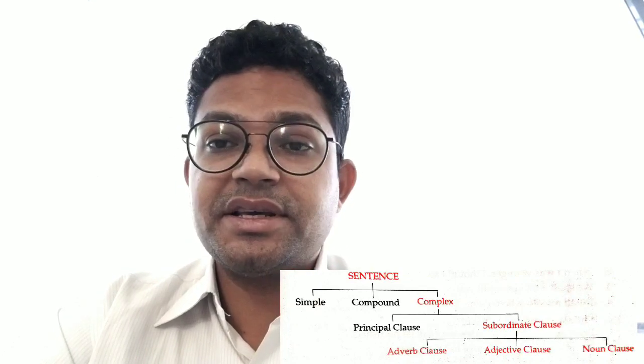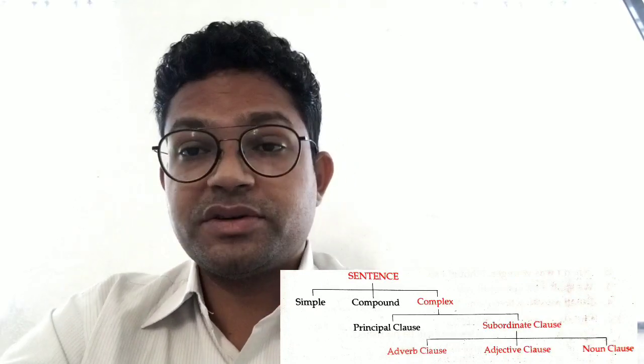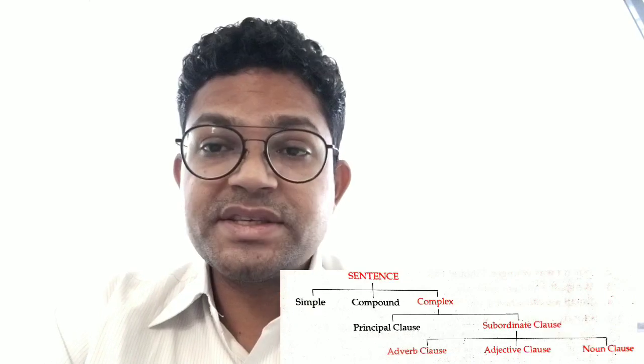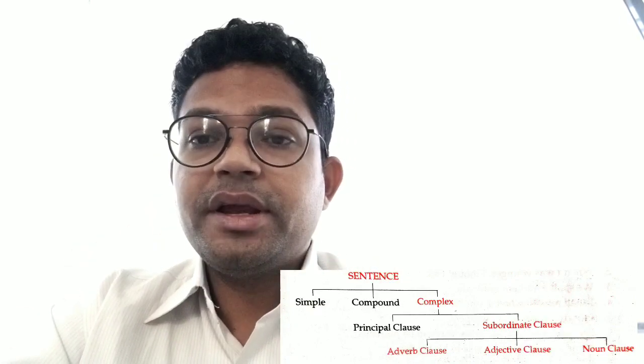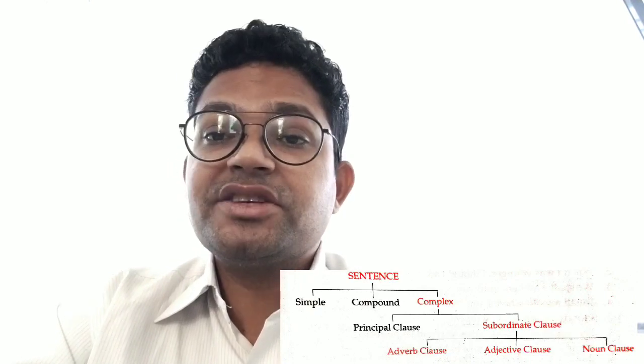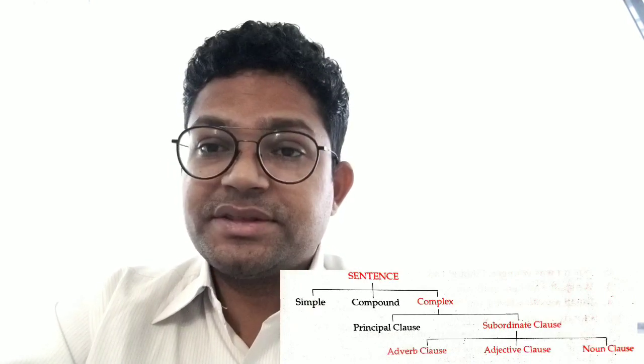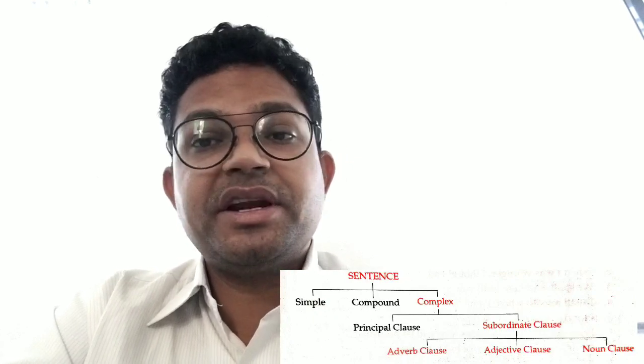Now a simple sentence means it has only one clause. One clause means one subject and one predicate, and the sentence is over. And a compound sentence means it has two main clauses, or we can also say two independent clauses.